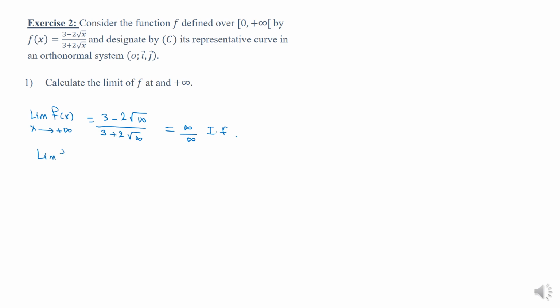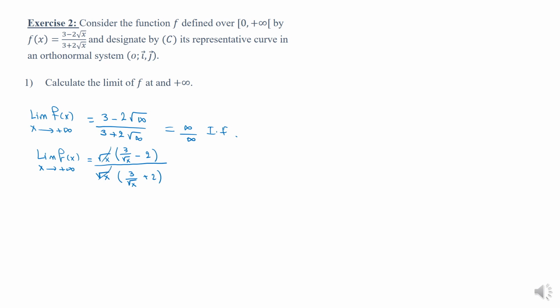The limit of f of x as x tends to plus infinity is in fact the limit of minus 2 radical x over 2 radical x. Okay, let's interpret more. Take radical x as a common factor, so you will get 3 over radical x minus 2 over 3 over radical x plus 2.